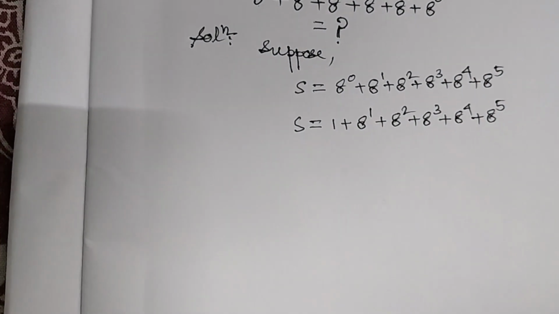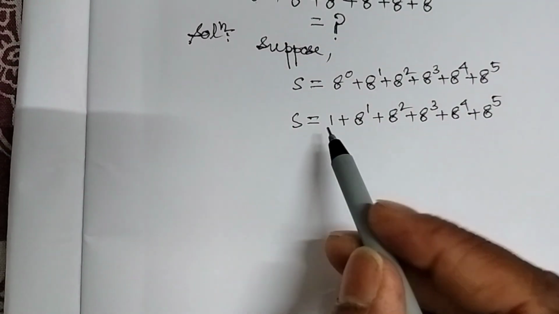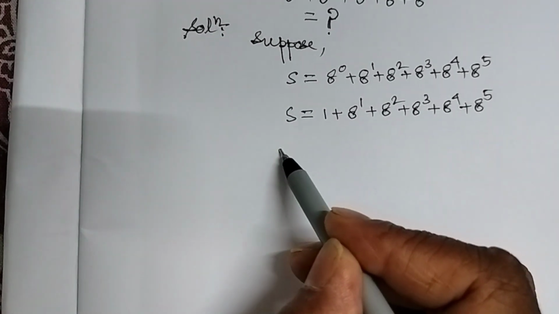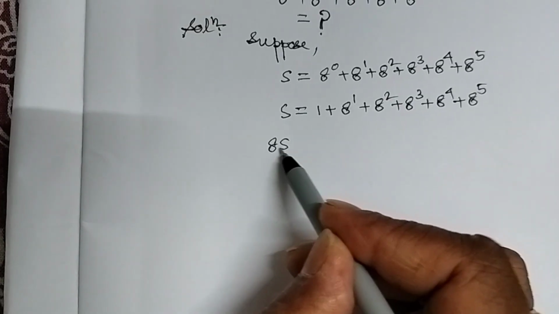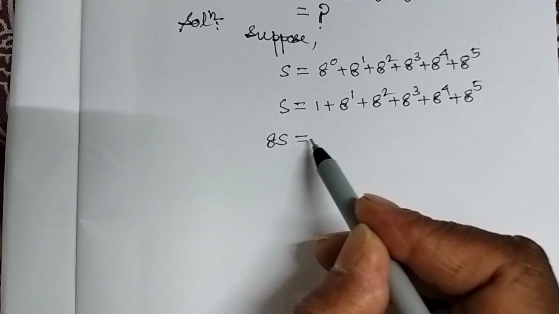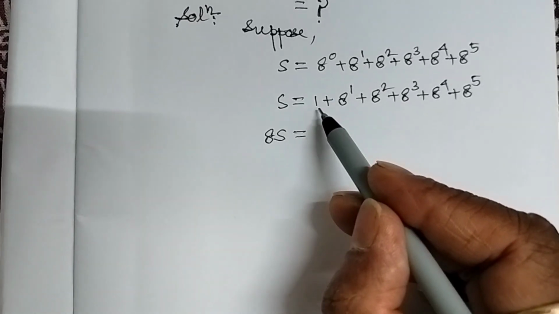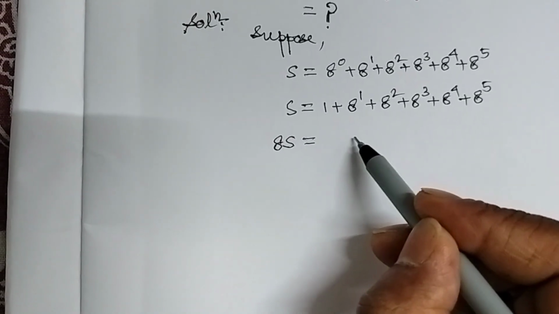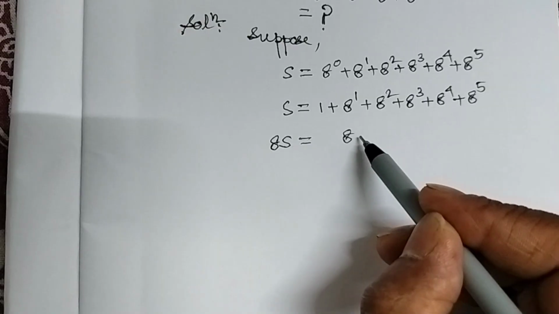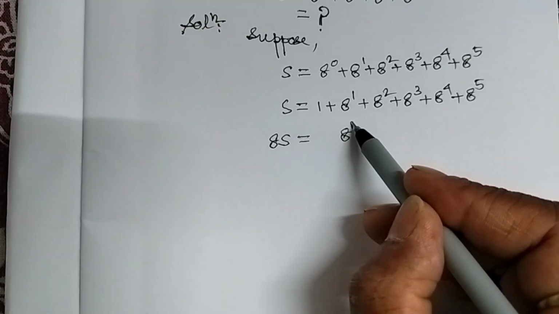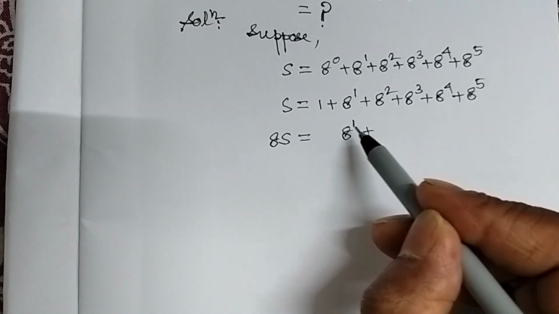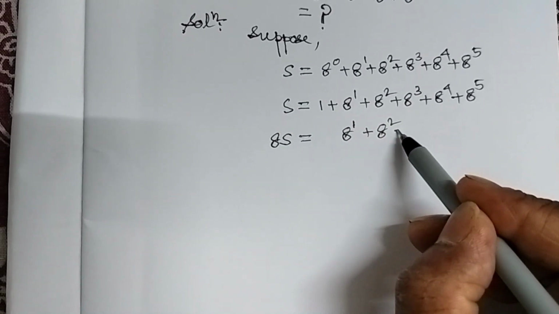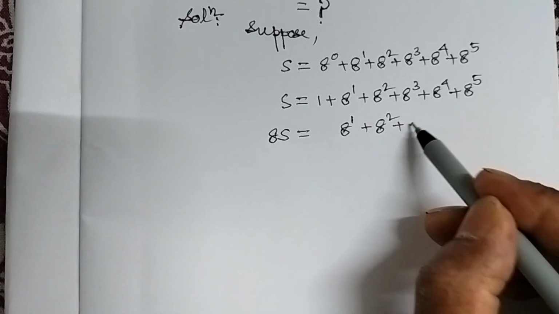Now we will have to multiply both sides of this expression by 8. Therefore 8S is equal to, when we multiply 8 by 1 we get 8, that is 8 to the power 1, and write 8 to the power 1 below 8 to the power 1, plus when we multiply 8 to the power 1 by 8 we get 8 square, and write 8 square below 8 square.